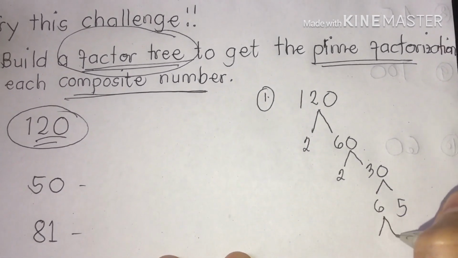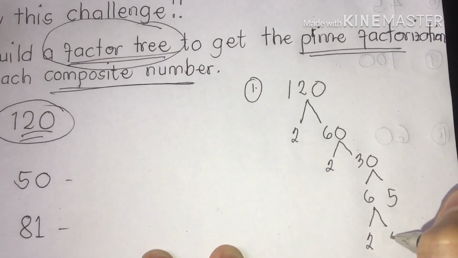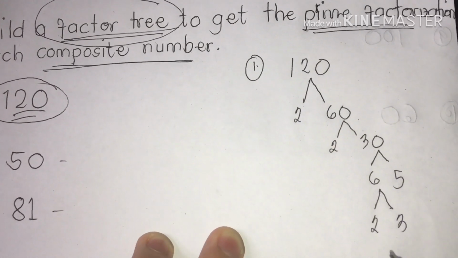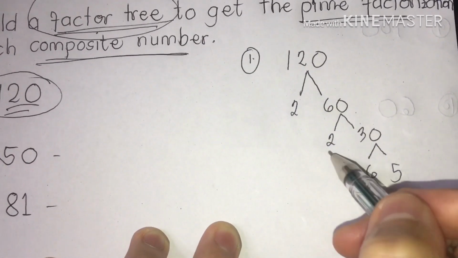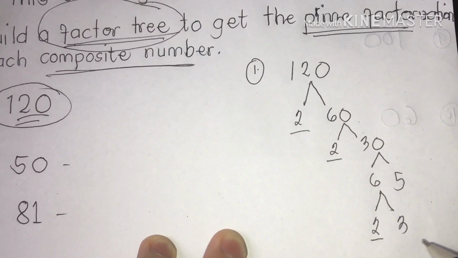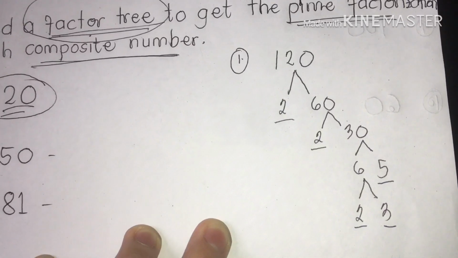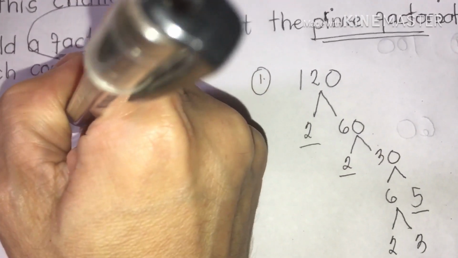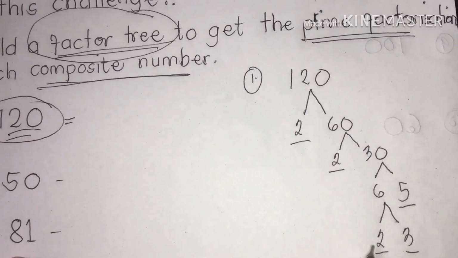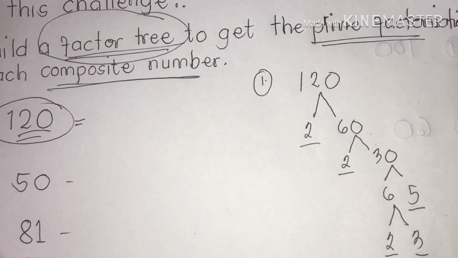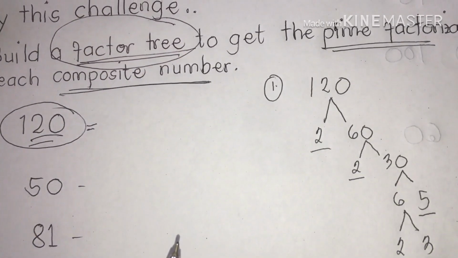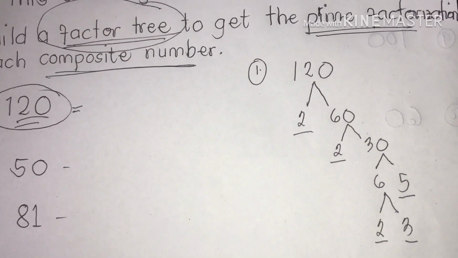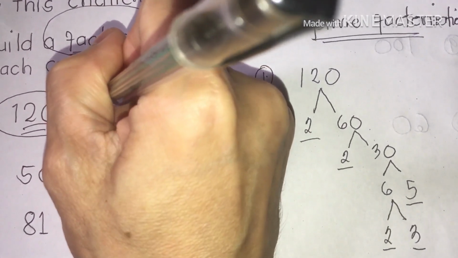Next, factor 6: 2 times 3. And where are the factors? We have 2, 2, 2, then 3, and 5. These are the prime factors of 120. So we're going to write it here, just as simple as that. We count first according to the sequence of numbers: 1, 2, 3, so there are three 2's.